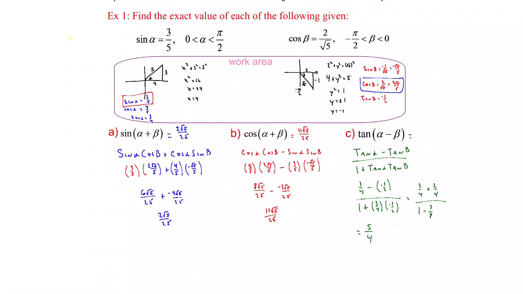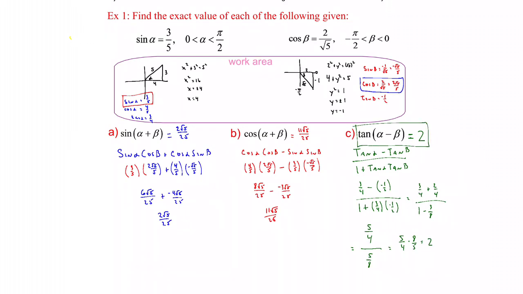And then 1 minus 3/8 is 5/8. So now we can multiply by the reciprocal, and that would give us 5/4 times 8/5. The 5's cancel. 8 divided by 4 is 2. So tangent of alpha minus beta is equal to 2.